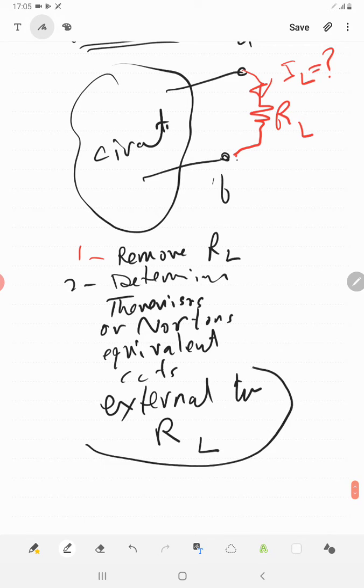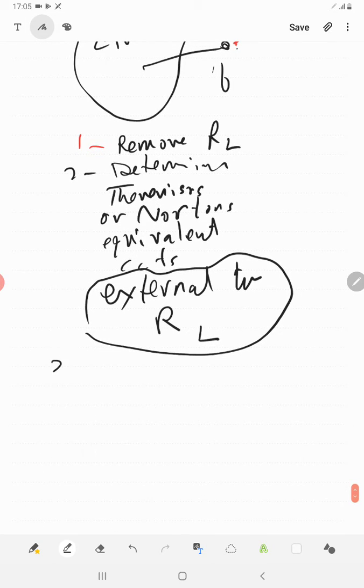So external to R load. 3, obtain IL. Okay, how?